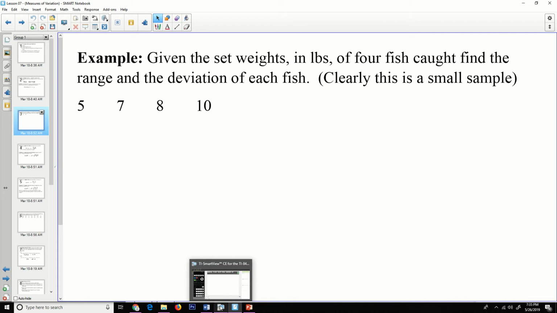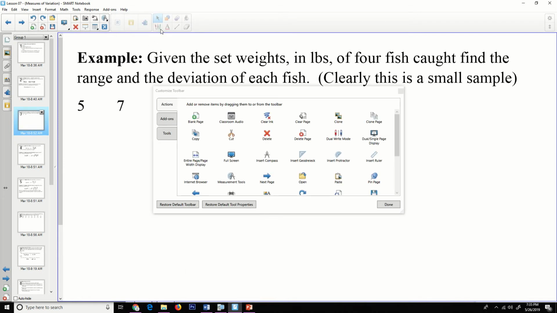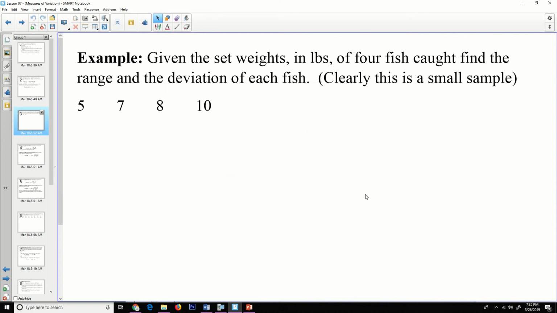So first, to find the range, we have to figure out what the maximum value is. Our max value for this particular one is clearly 10. Our minimum value is clearly 5. So our range is just the difference: 10 minus 5 gives me 5.